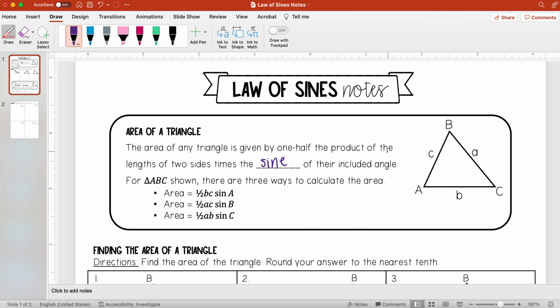There's a couple of things to note here. It does matter what you label as A, B, and C, those lowercase letters in our triangle.